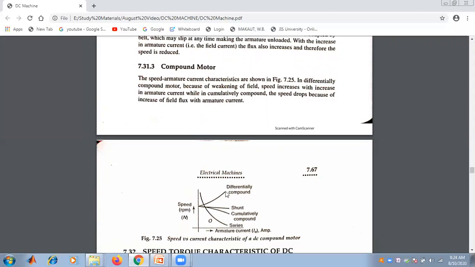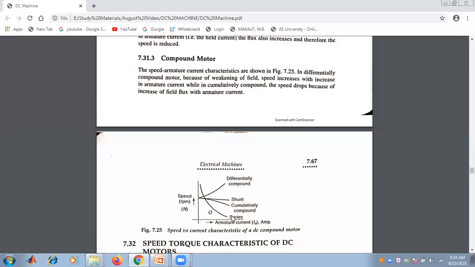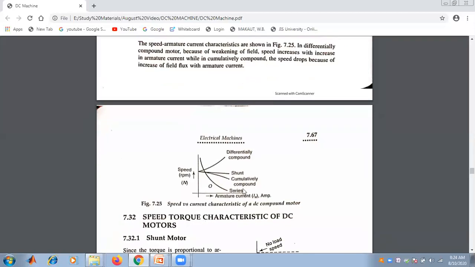But in the case of the cumulative compound motor, the speed drops because of increase of field flux with armature current. It is clearly seen in this figure, the speed current characteristics of a DC compound motor.